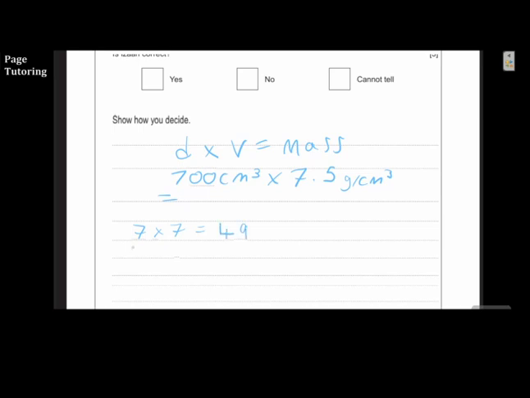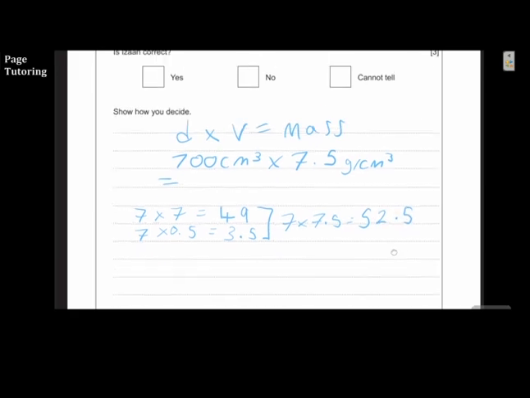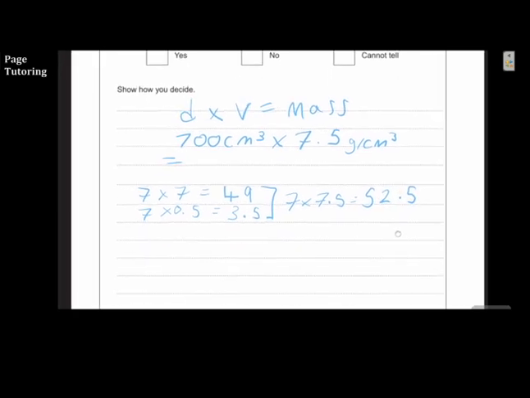Okay, so let's do 7 times 0.5. Well, that would be 3.5. Okay, so adding these together, we'll get 7 times 7.5, which is equal to 52.5.